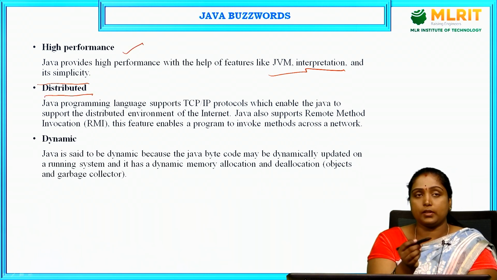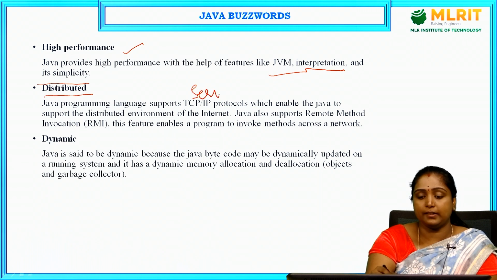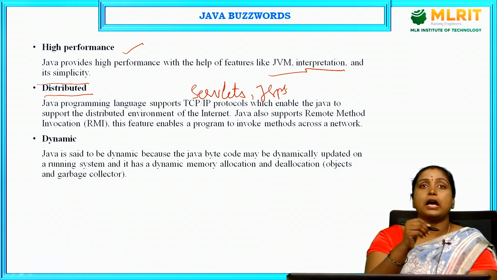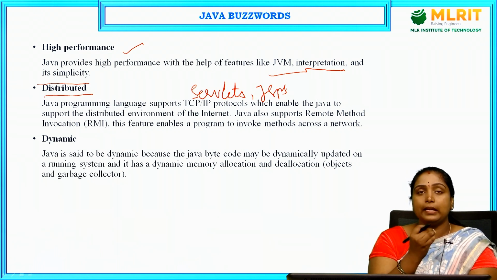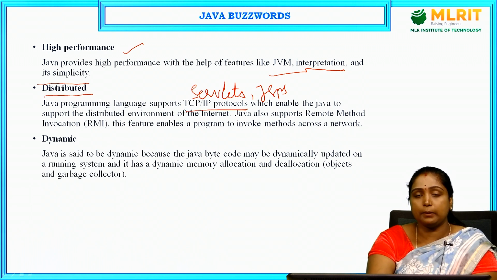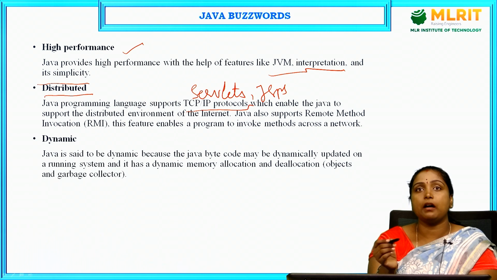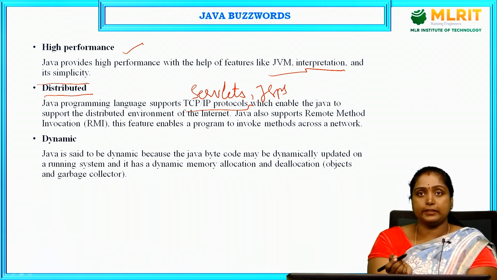Next, distributed. Distributed is a feature of Java. We have the concept of servlets and JSPs, Java Server Pages. The servlets communicate with the internet, which supports TCP/IP protocols, which enables Java to support a distributed environment over the internet.